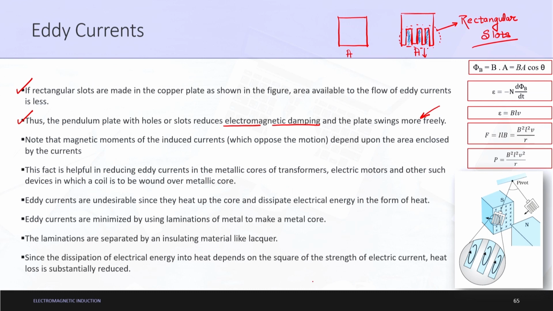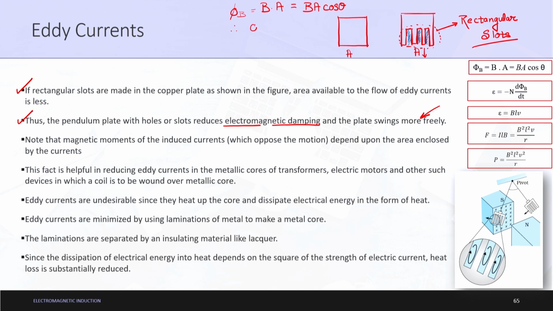Next, note that the magnetic moments of the induced current which oppose the motion depend upon the area enclosed by the currents, as it is quite evident that phi B is equal to B dot A, that is a dot product, which is equal to B into A into cos theta.